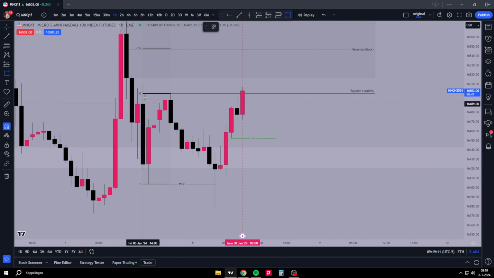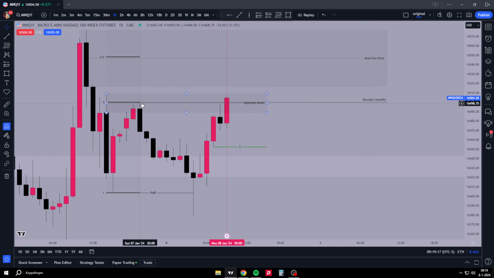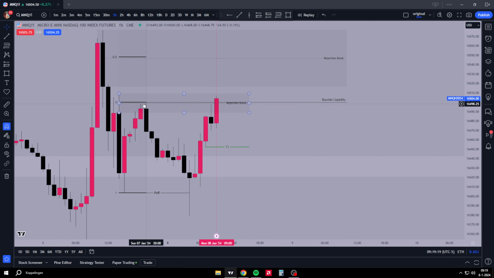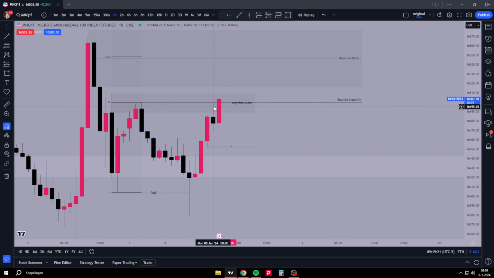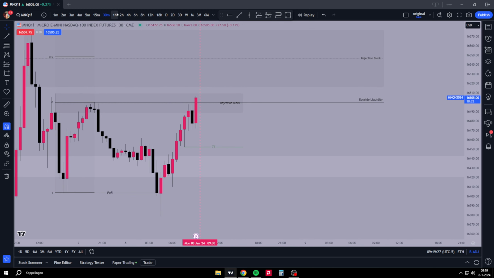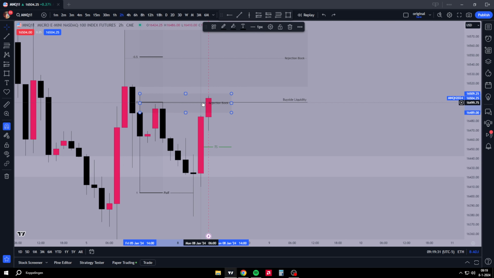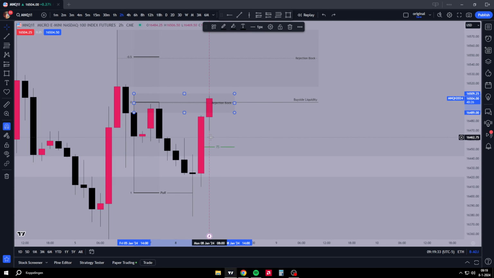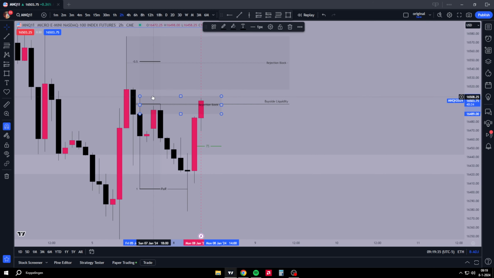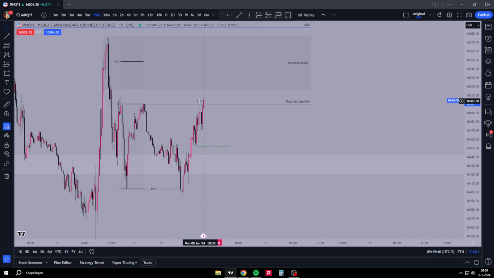This also would be our rejection block as well. We act off rejection block constant encroachment here. Now we took the rejection block constant encroachment here, high. Then we could also reject again off of constant encroachment with like closing a bit above here and then going lower, and then we anticipate the high as well. But we could just also take this high now. We just wait now.